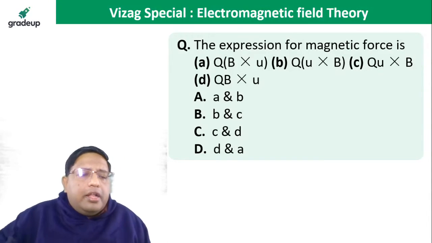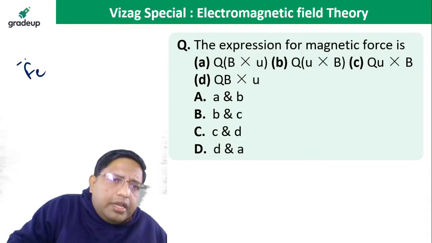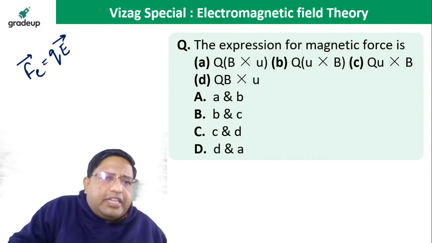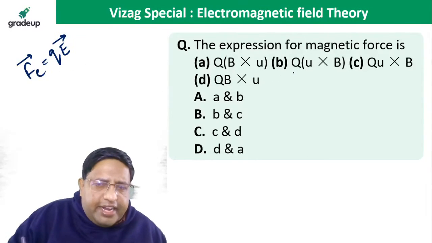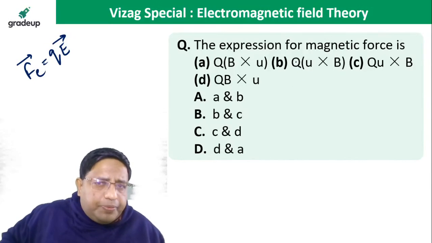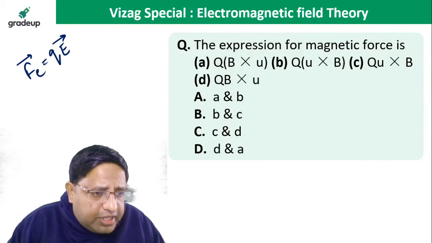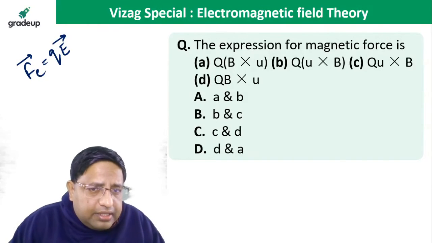You know, an electric charge has an electrical force. Electrical force is QE in an electric field. But in the magnetic field, the electric charge also experiences a force if it is a moving charge.